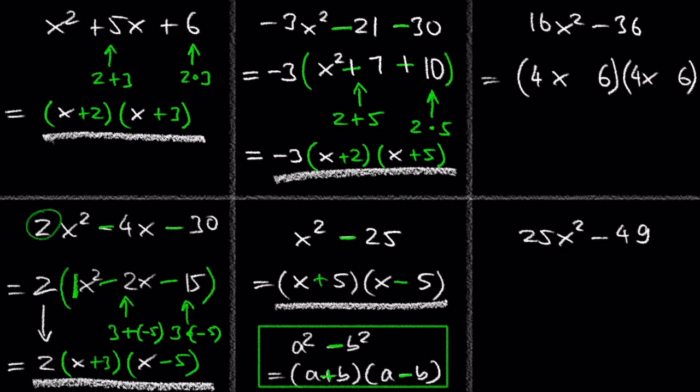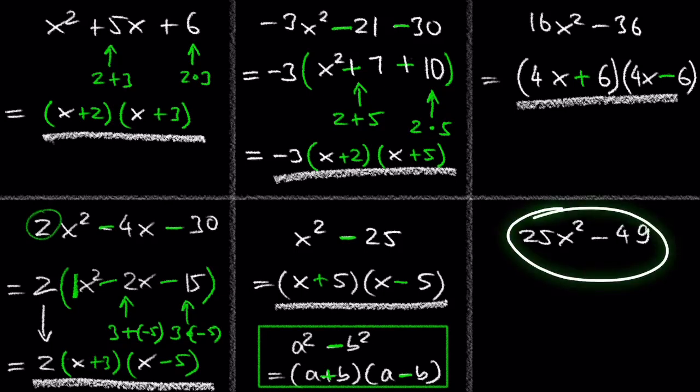The difference of two squares says we can write this as (4x plus 6) times (4x minus 6). And we are done with this problem. What about 25x squared minus 49? Feel free to try this on your own and write how you solved it in the comments.